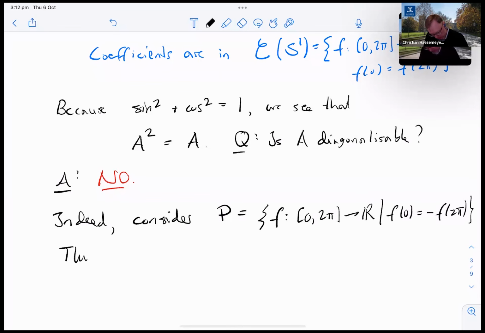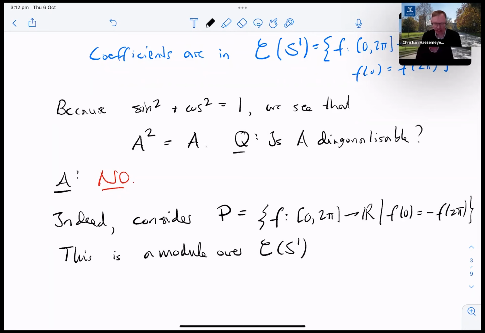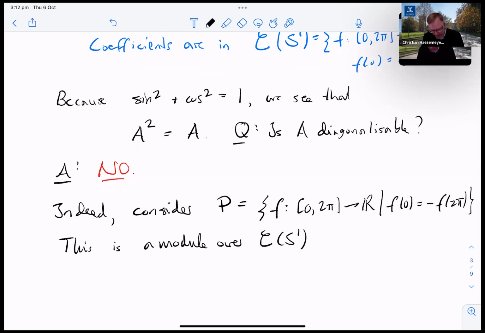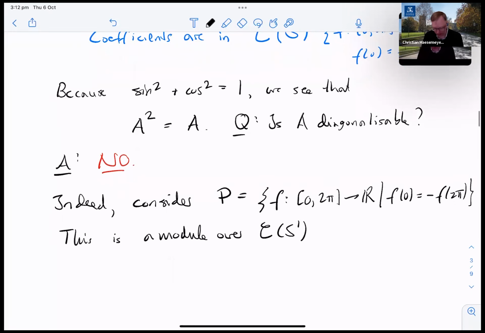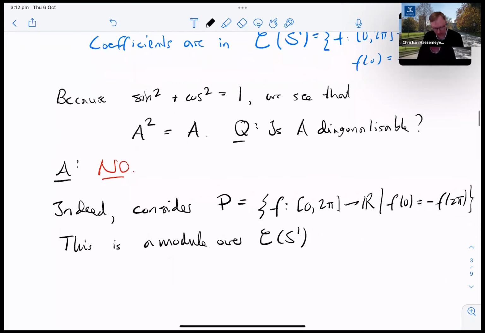So this is a module over these functions. This means if I take a function in P and I multiply it with a function on the circle, I get another function in P. That's clearly the case. And this operation, because it's given by multiplication of functions, satisfies all the usual associativity and distributivity properties that we need for a module.